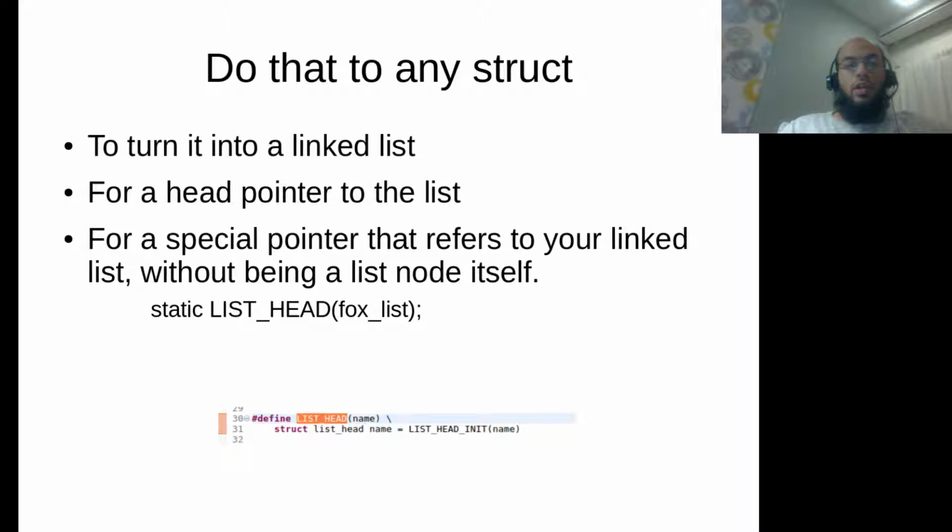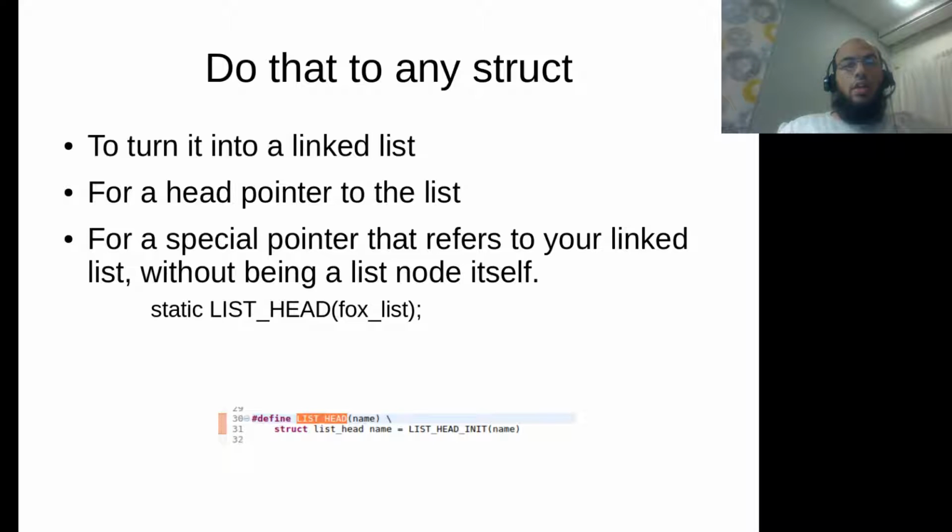But you also need to define a list head, and that's done using the call static list head, with parentheses, fox list. This will be your linked list name. It's called fox list now. The fox list here is the name of the linked list that you are going to work with.